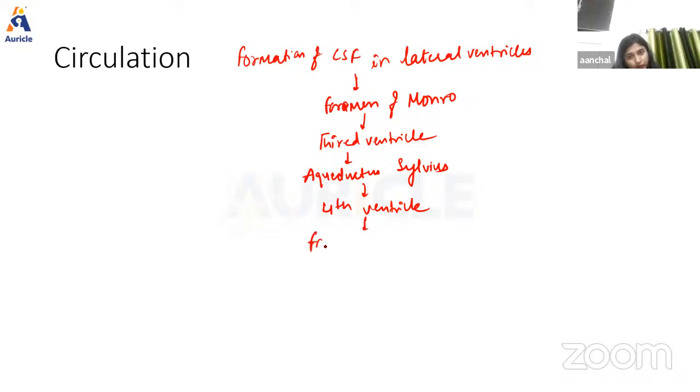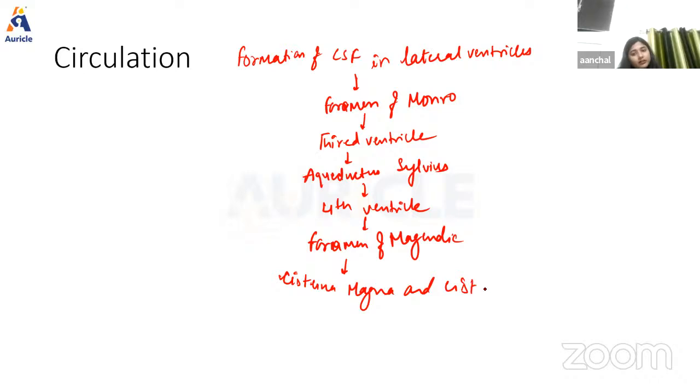Then through the foramen of Magendie, it enters the cisterna magna and cisterna lateralis. Now from here it enters the central canal and subarachnoid space.